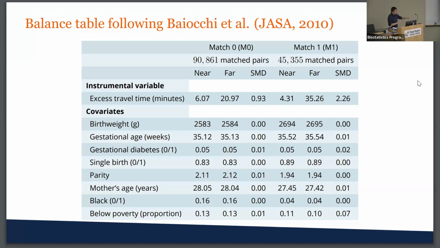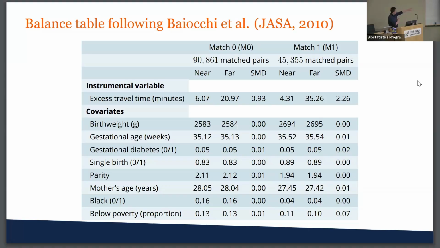As you can see, in the conventional design, N0, the average difference in their access travel time is about 15 minutes. It turns out this 15 minutes translates to less than a 20% compliance rate. For an IV analysis, a 20% compliance rate is not ideal.